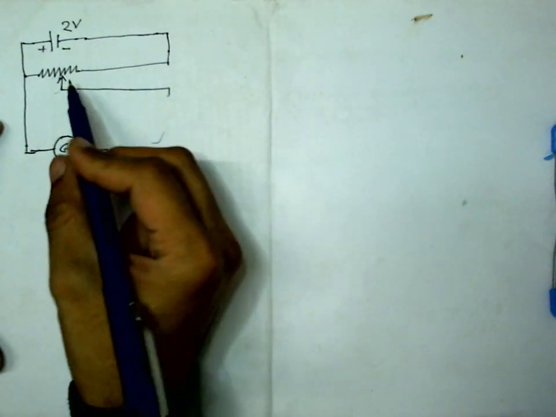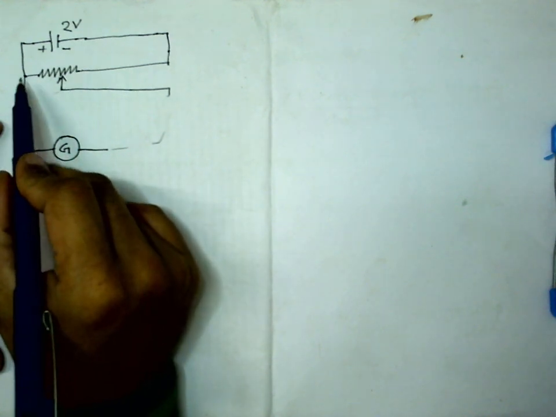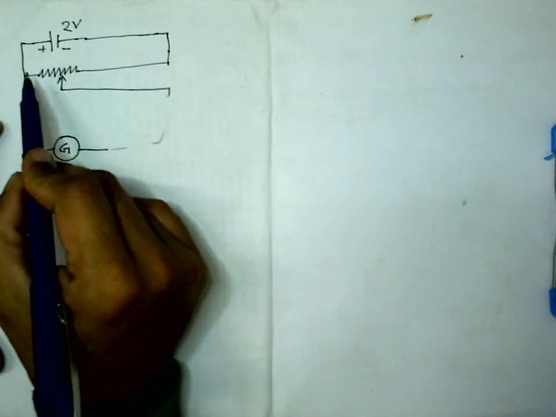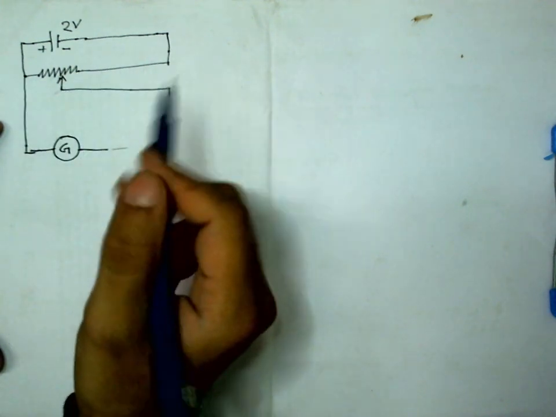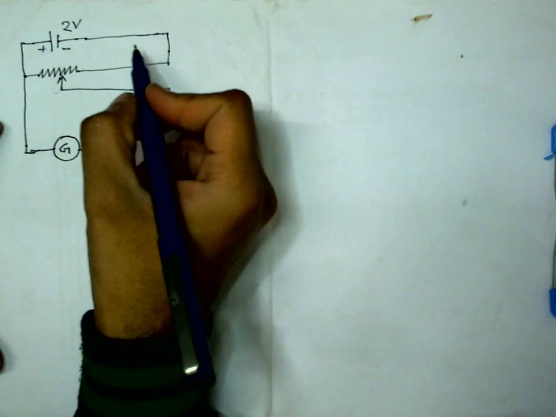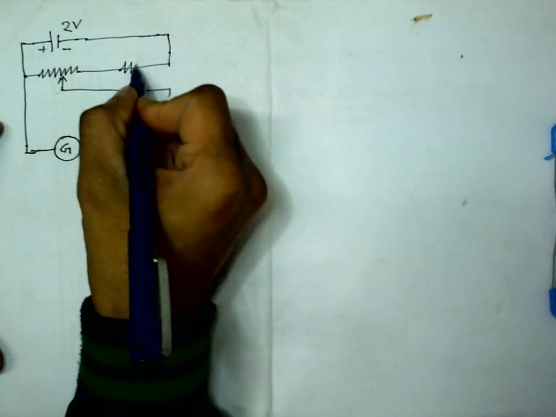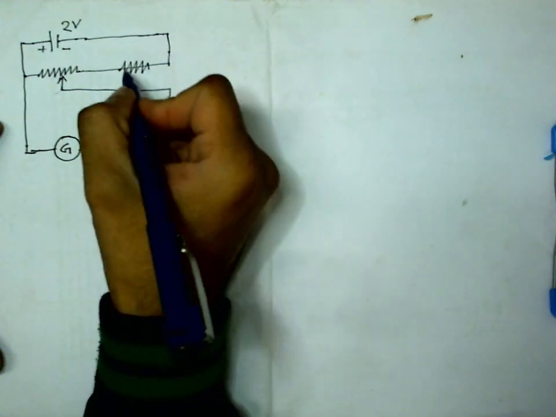But in our lab, in our experimental setup, this potential divider will have a bit more sophistication, which is as follows. We will here connect a variable resistance.